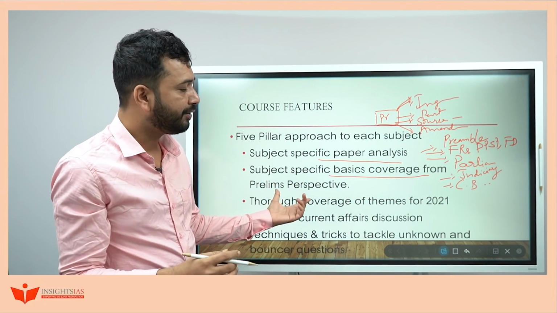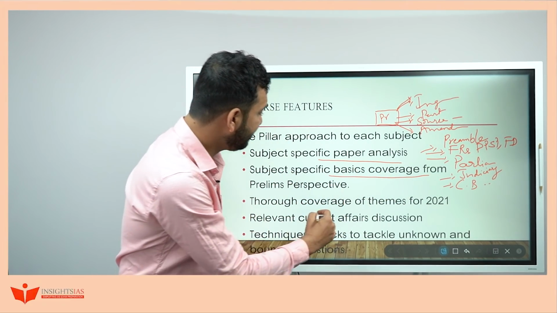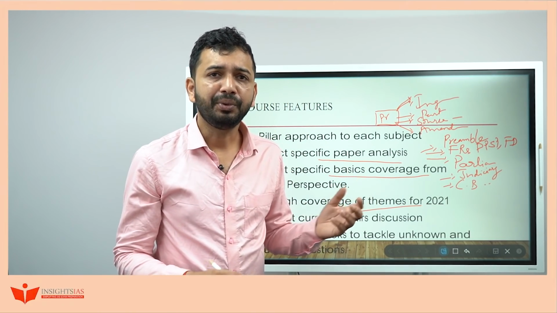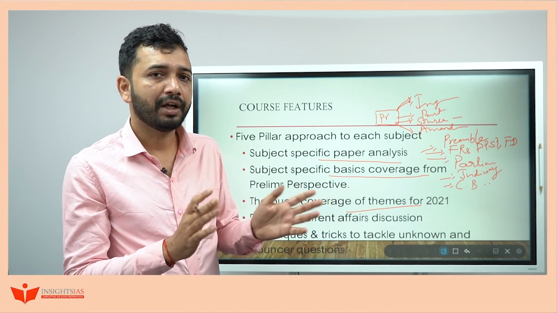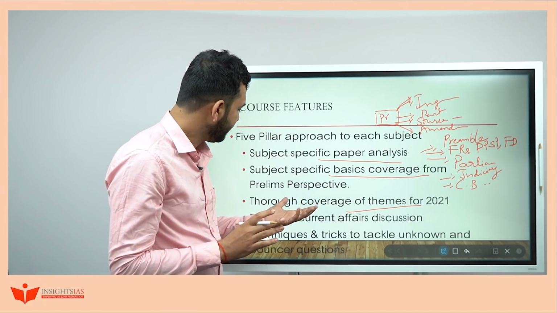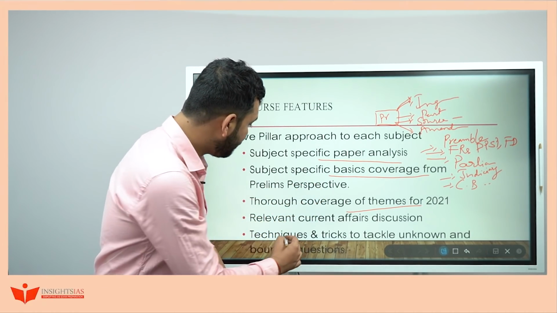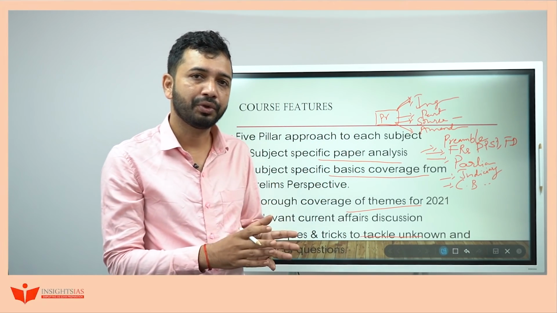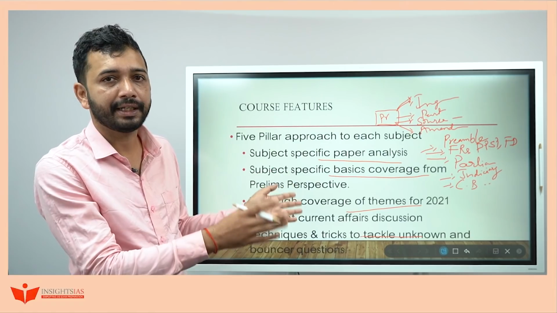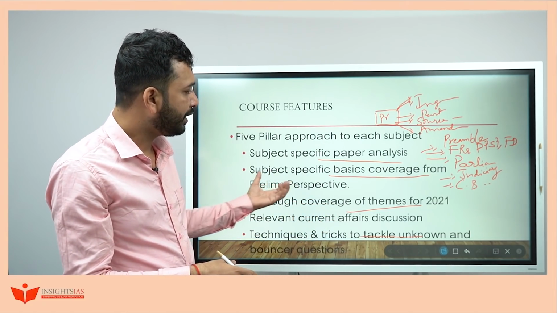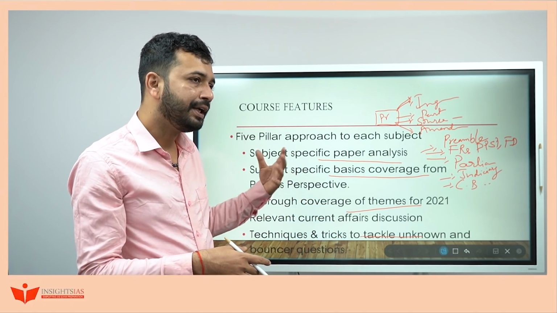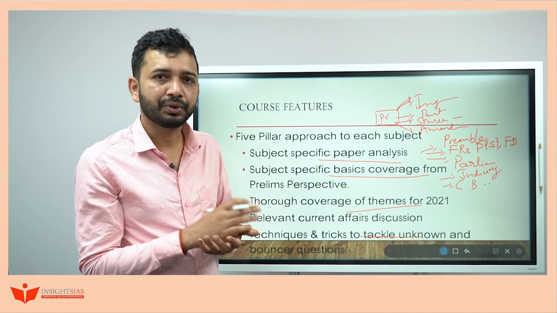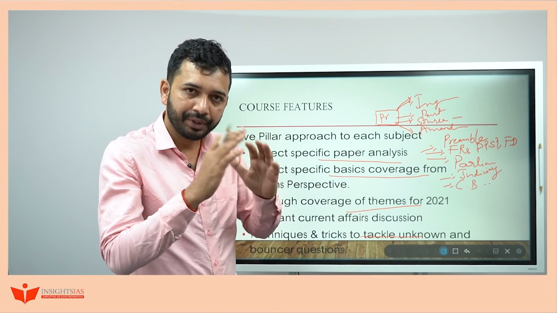Once that is done, we will also cover the current affairs related to that topic that have happened in the last 1.5 or 2 years. Then we will discuss the prelims questions from 2011 to 18 that have appeared in that chapter. Once that is done, we will also discuss the relevant skill part, or what kind of approach you can have for the bouncer questions within that topic.